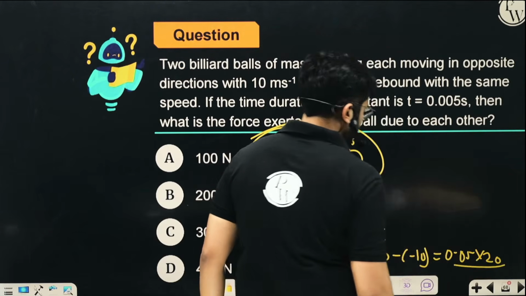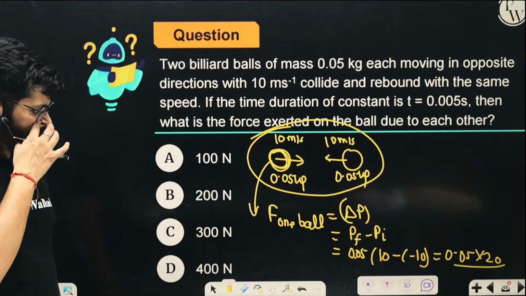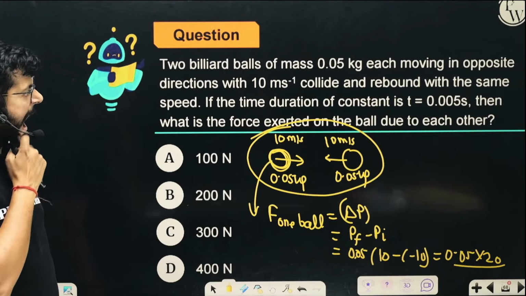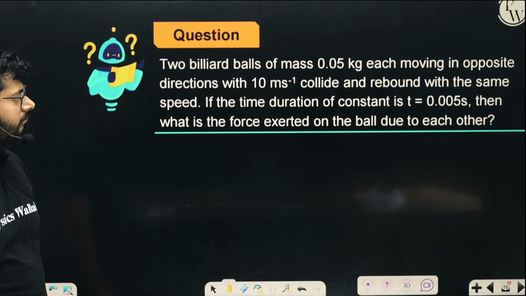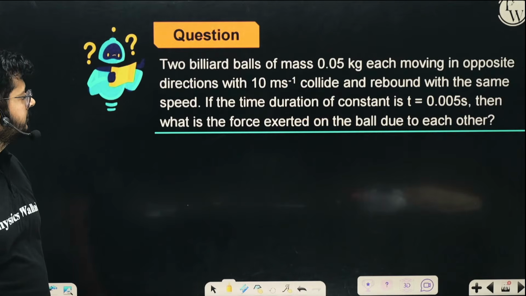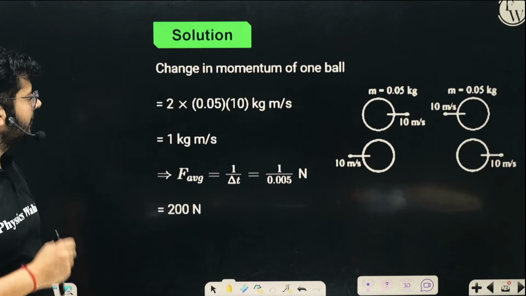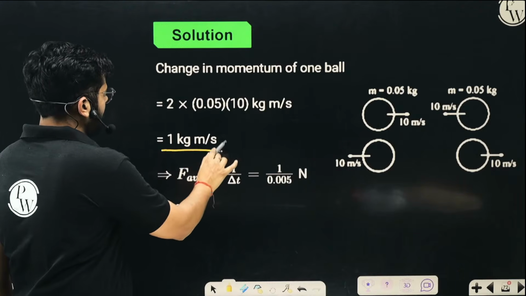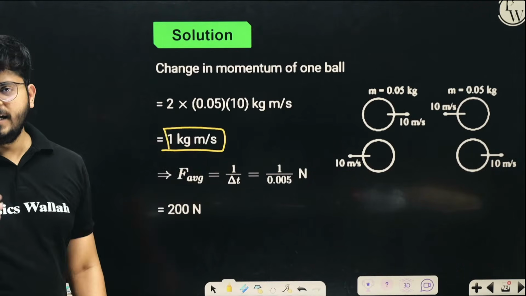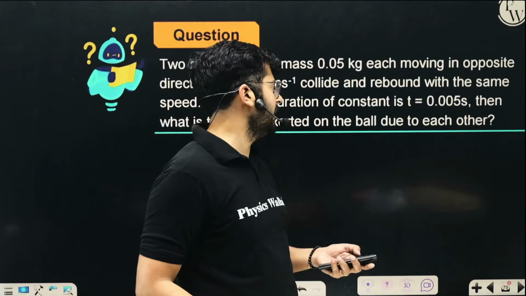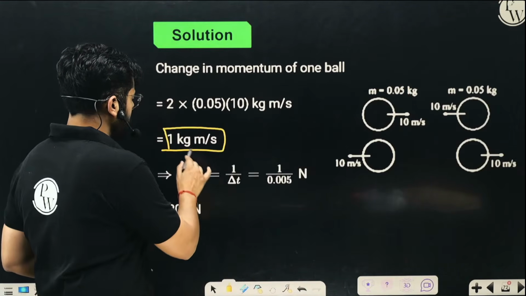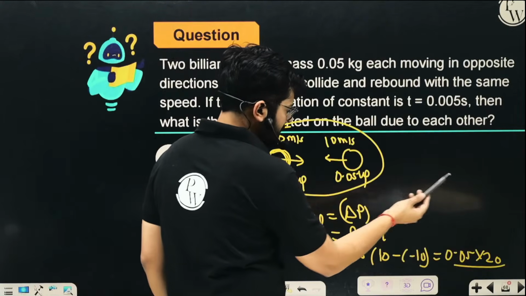Just multiply that, and you will have your answer. All right, so this is the change of momentum acting on the body, which is 1 kilogram meter per second.